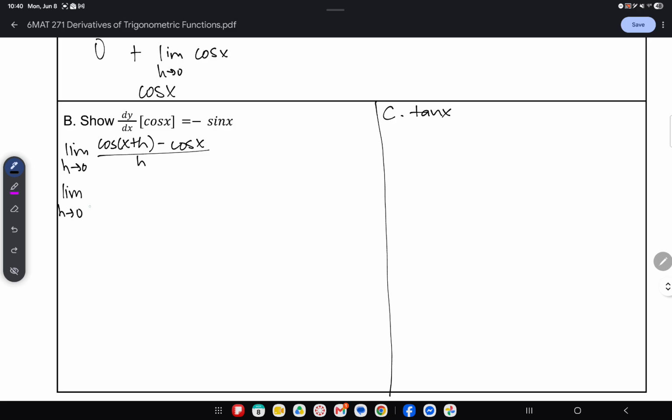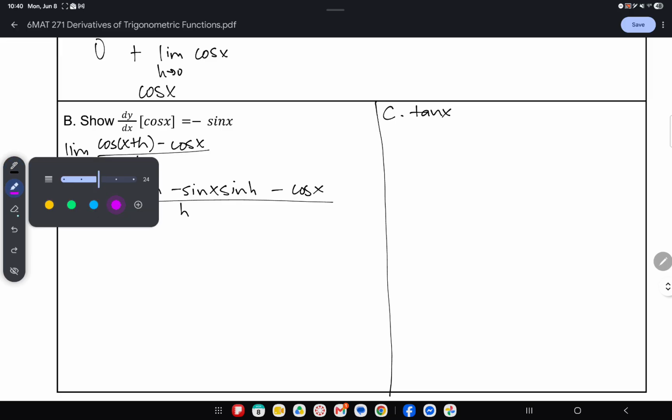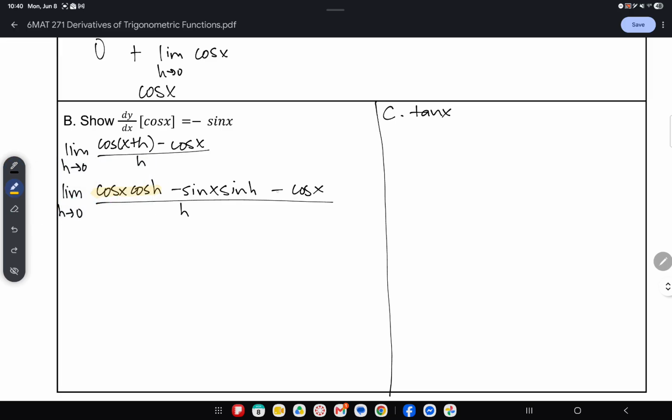Do that substitution, cosine of x plus h is actually cosine of x cosine of h minus sine of x sine of h minus cosine of x all over h. I'm going to do something very similar and group these together to pull out a GCF of cosine x. So I'm left with cosine of h minus 1 minus sine of x sine of h all over h.